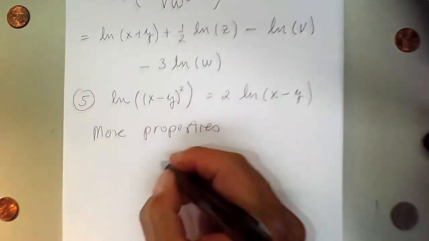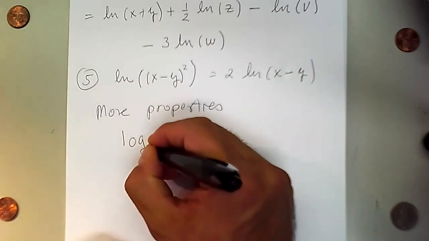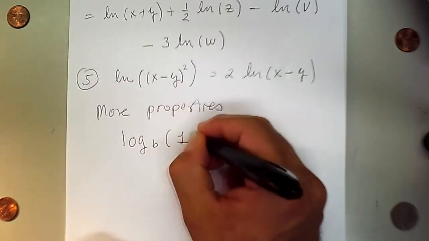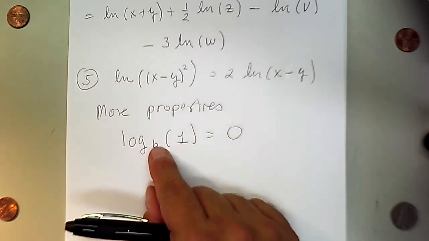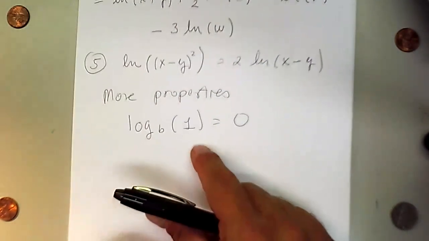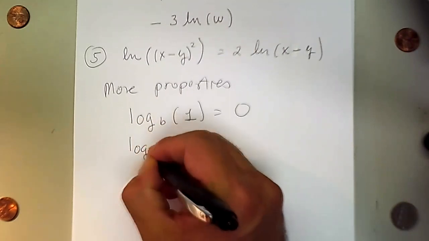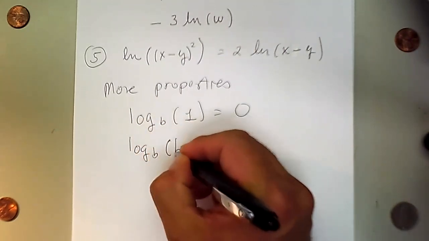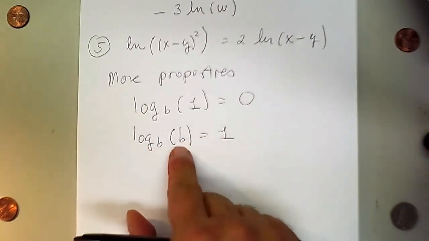that are simple. For instance, the logarithm in any base of the number 1 is equal to 0, because any base to the 0 equals 1. Logarithm in base b of b is equal to 1, because b to the 1 equals b.